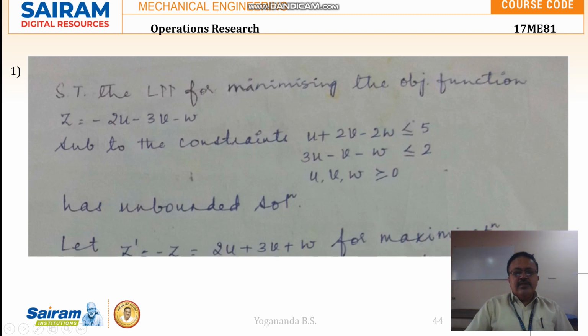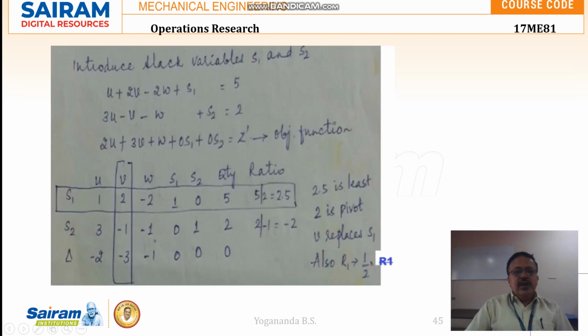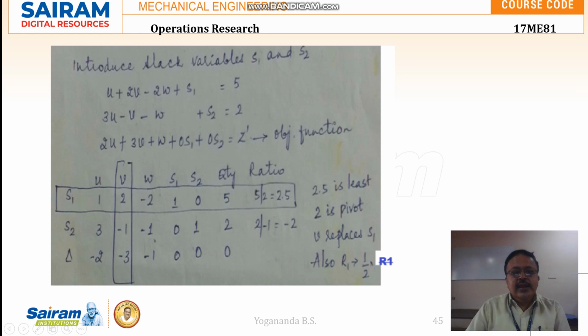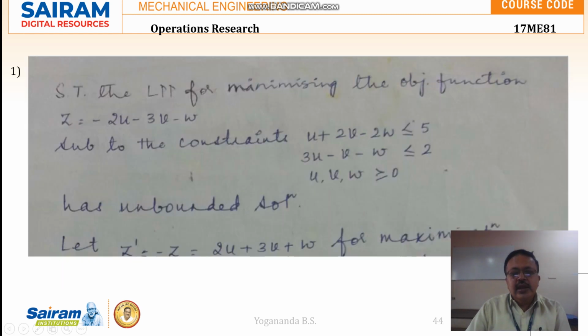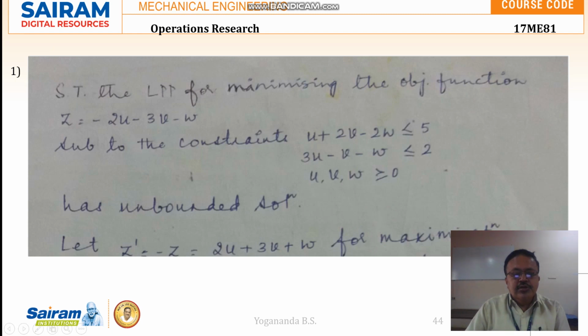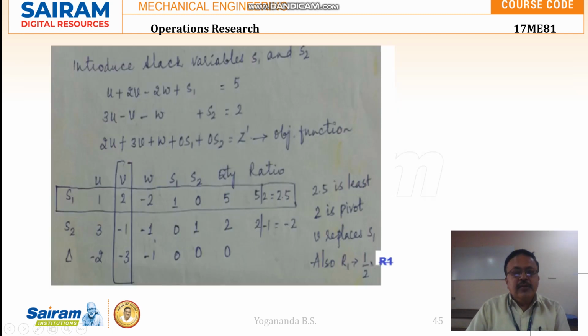Then the second constraint, that is 3u minus v minus w, plus the second slack variable s2, we make it equal to 2. Then the objective function, z dash: 2u plus 3v plus w plus 0 s1 plus 0 s2 is equal to z dash.